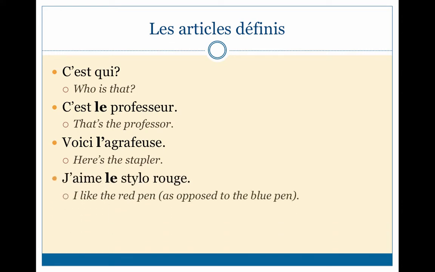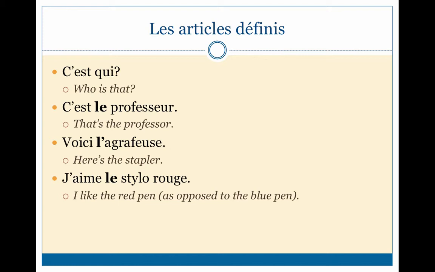Here's another wonderful example. A lot of times when we are using verbs of preference, here from our translation, we can see that j'aime means I like. We can also use the verb préférer, je préfère, I prefer, or je déteste, I don't like.